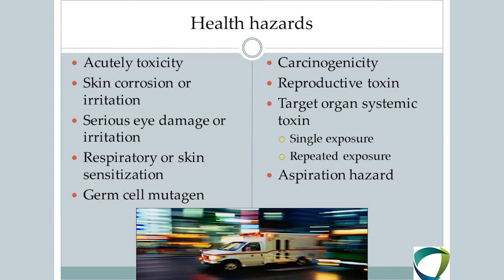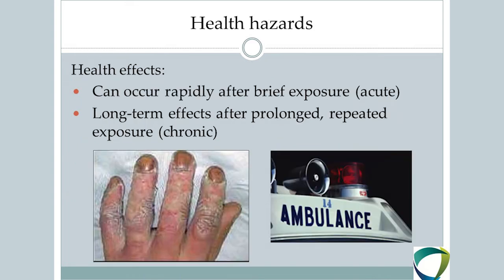This means a chemical that is classified as posing one or more of the following hazardous effects: toxicity, skin corrosion, eye damage, respiratory issues, possible cell mutation, and others. Some of these health hazards can occur rapidly following a brief exposure. This is an acute health effect. Health hazards can also cause long-term effects that usually follow prolonged or repeated long-term exposure. This is called a chronic effect.